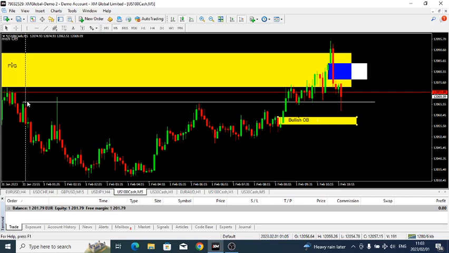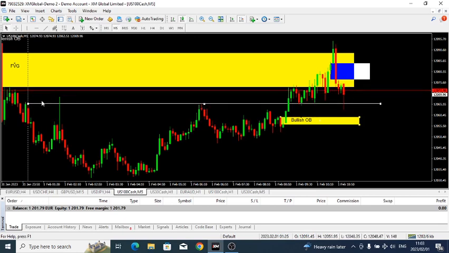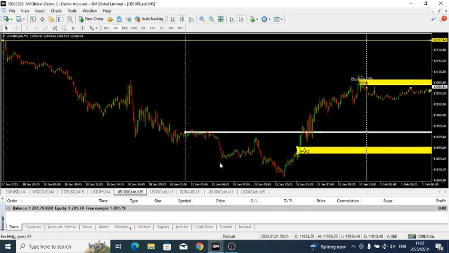Like this, it's actually supposed to be here, at the wick of this bearish candle. If this market does not want to go here, then, but it's still early. I think this market should go down and finish the business.